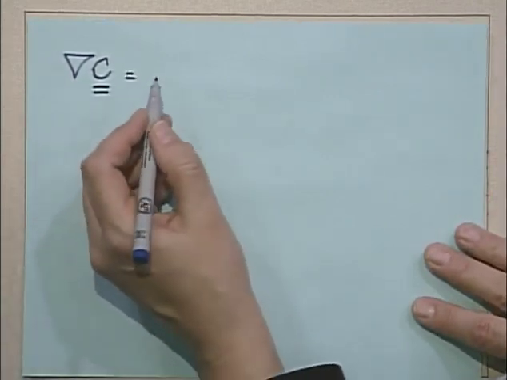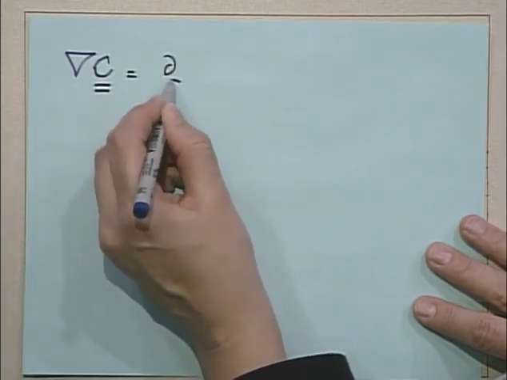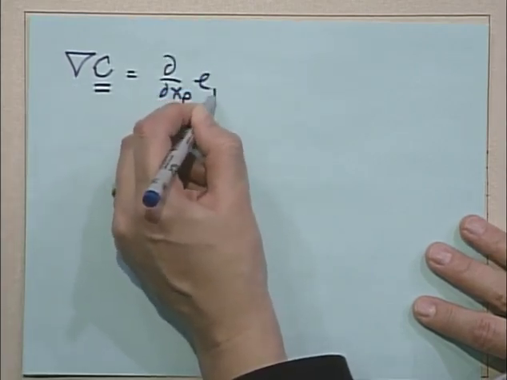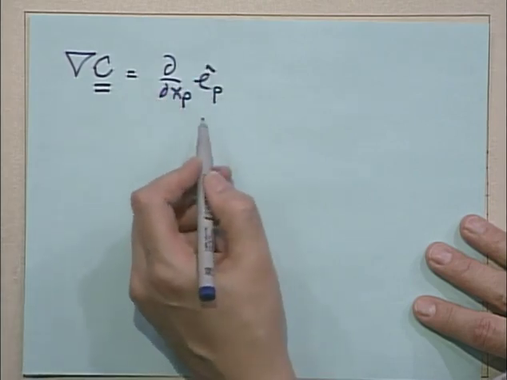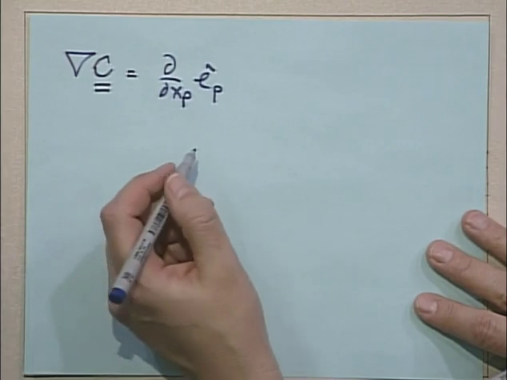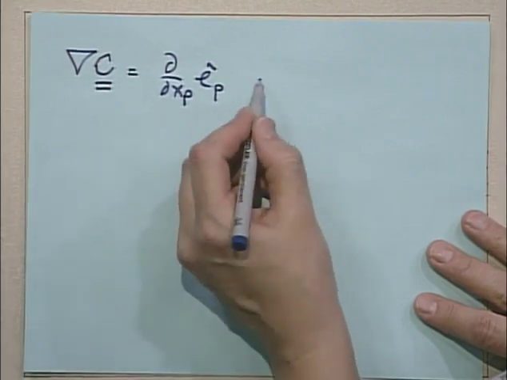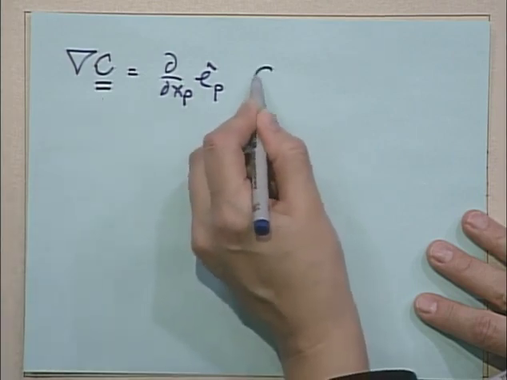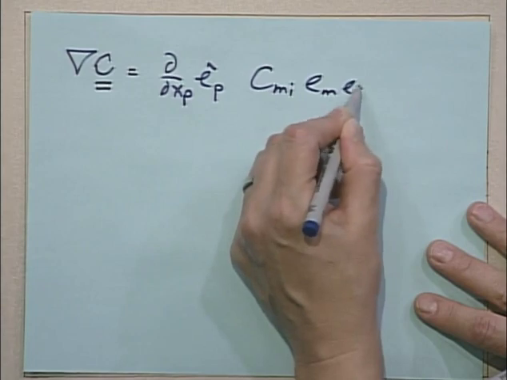So this one, again, we just write this one. I usually write it as d by dx p EP. I usually write the E on the second side. It's just a habit, I suppose. So you'll probably catch me doing that quite a bit. And then C, we just write it our usual way, CMI EM EI.